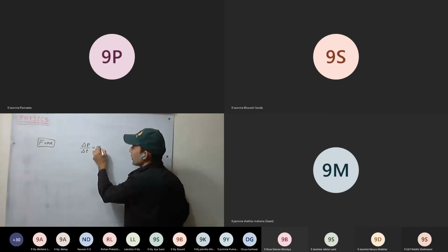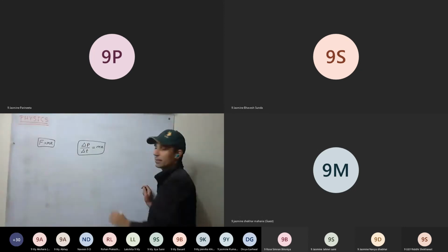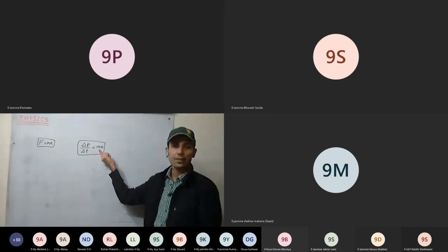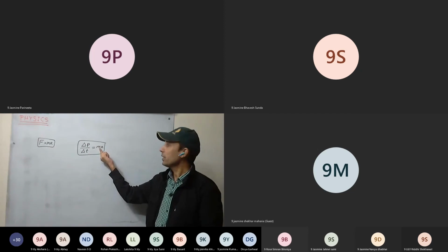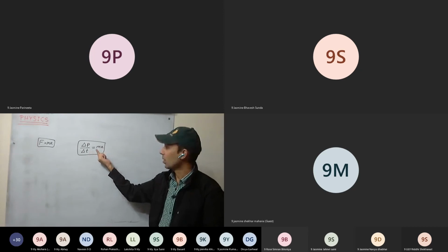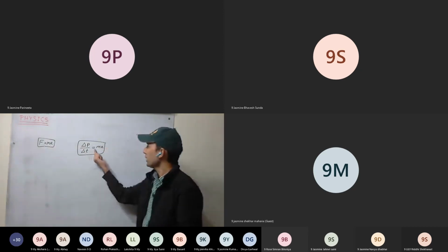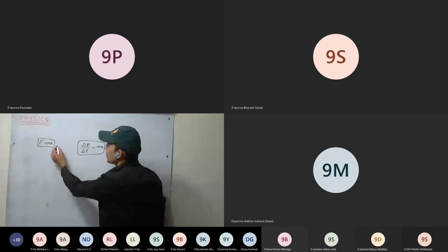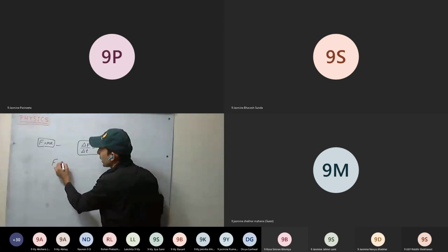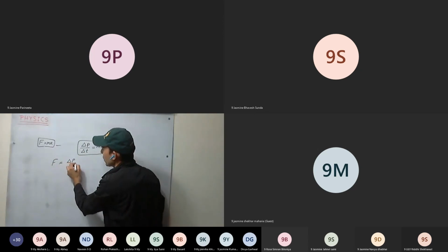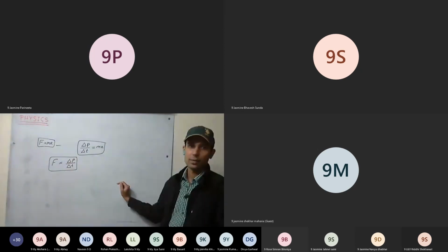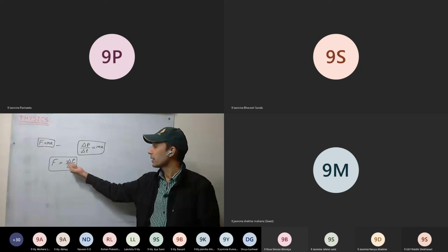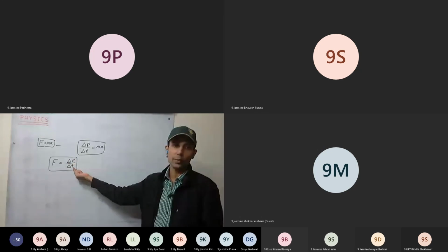How much have we derived? Equal to ma. We have derived this already. Rate of change of momentum is mass of the body into acceleration produced in the body. Now, since F equal to ma, and this one equal to ma, from this equation and this equation we can write that F is nothing but rate of change of momentum. How is force related with rate of change of momentum?